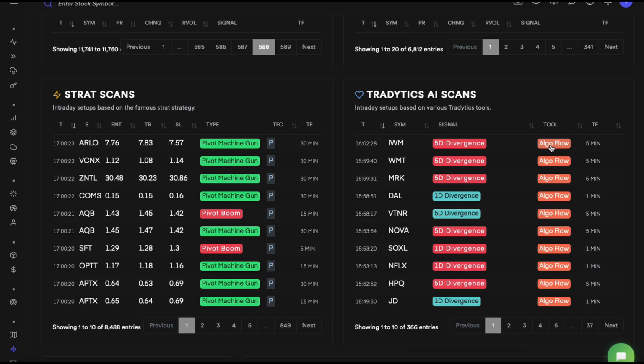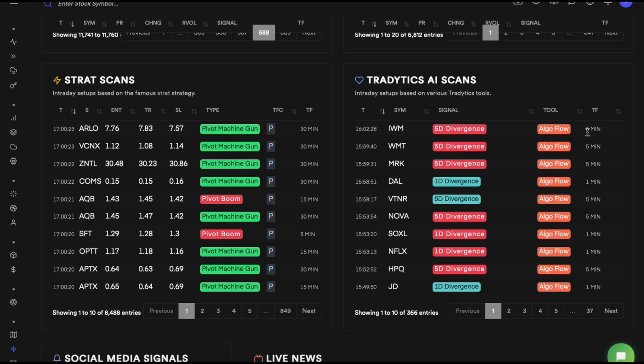So the tool is obviously algo flow, the signal is 5 day divergence or 1 day divergence. These reds just mean bearish divergence, and the green ones or the light blue ones mean bullish divergence. And then we have the time frame again, 5 minute being 5 days of data, 1 minute being 1 day of data.